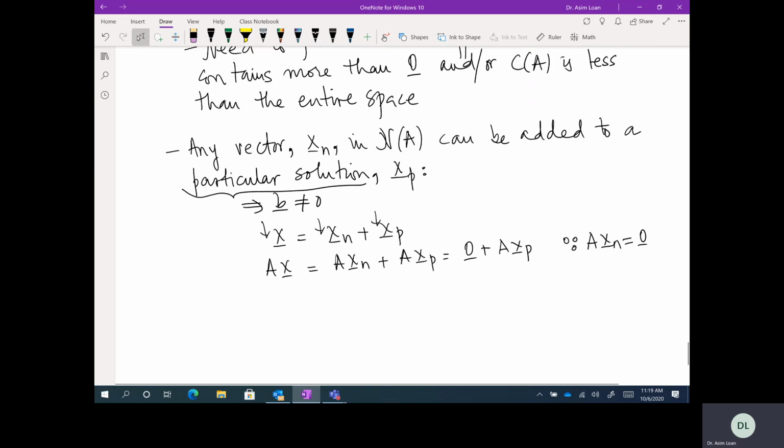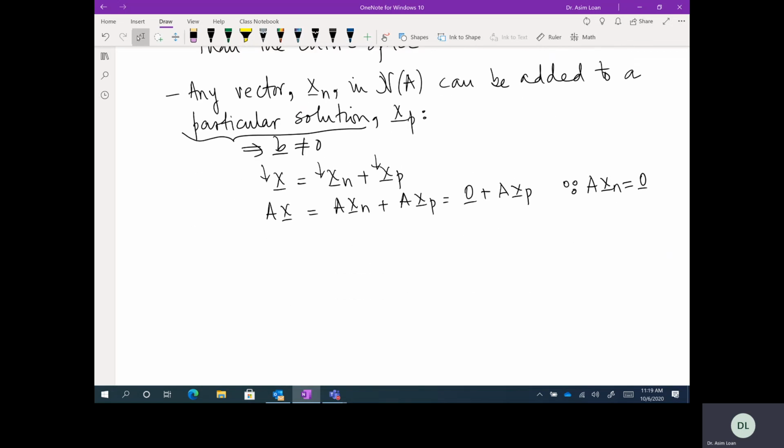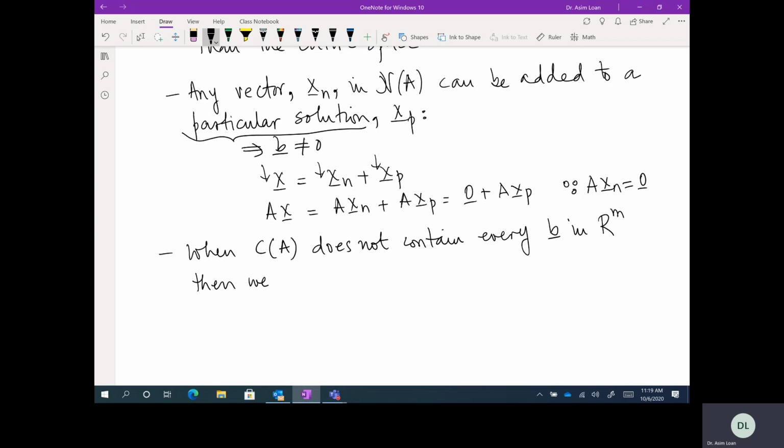So when the column space of A does not contain every b in Rm, so when the column space is not the entire space, then we need conditions on b that make Ax equal to b solvable.